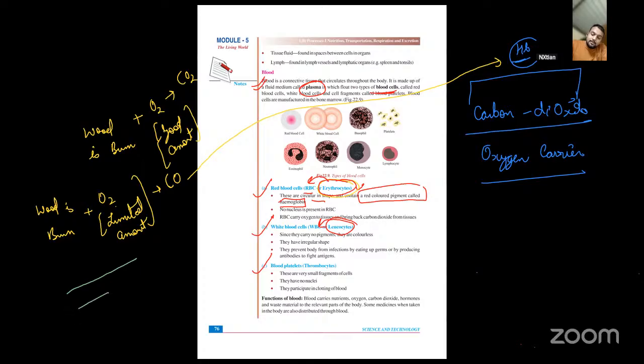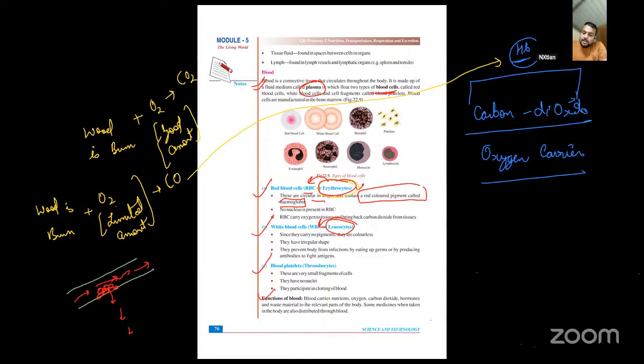The platelets will come and stick there, so that the blood won't go out, but the blood will normally flow. And quickly the skin will regenerate, and it makes a normal thing.